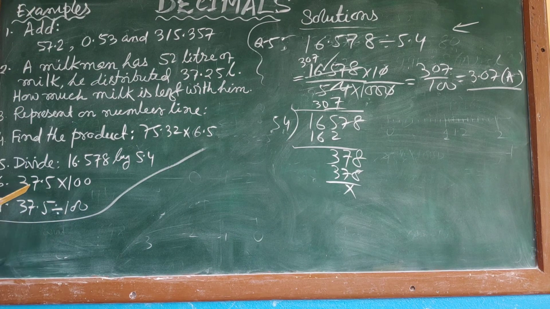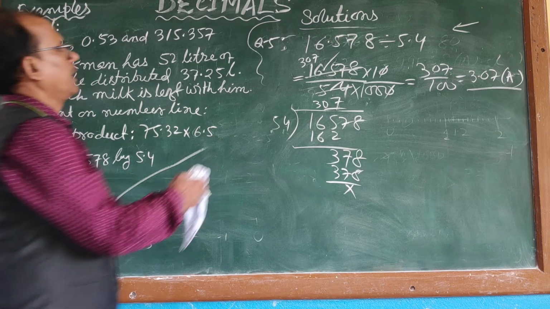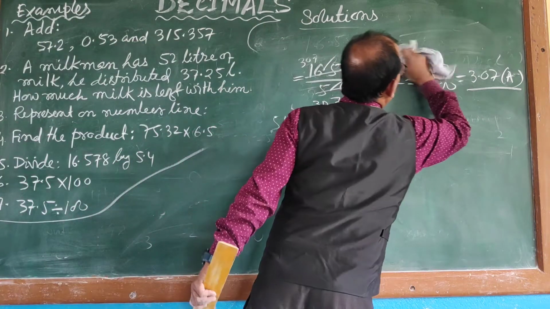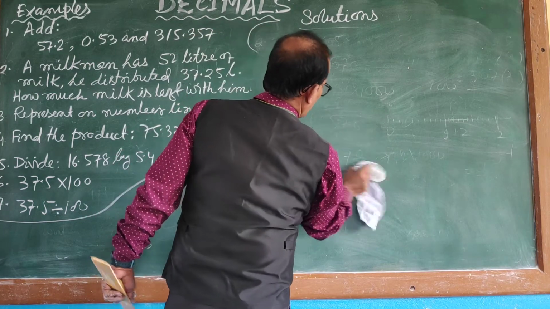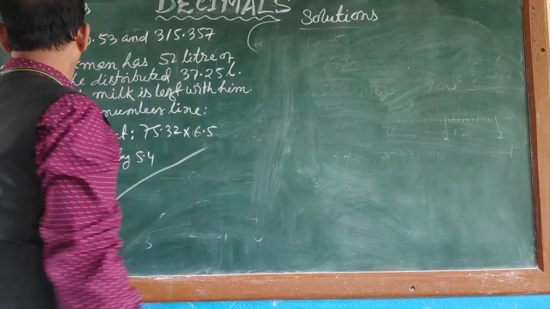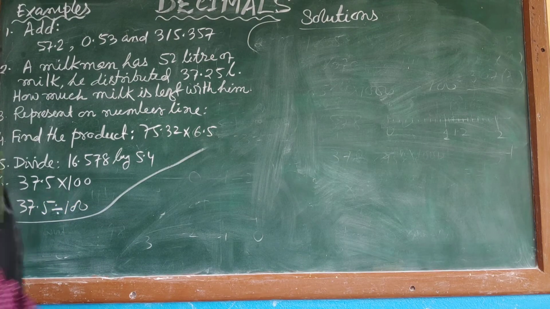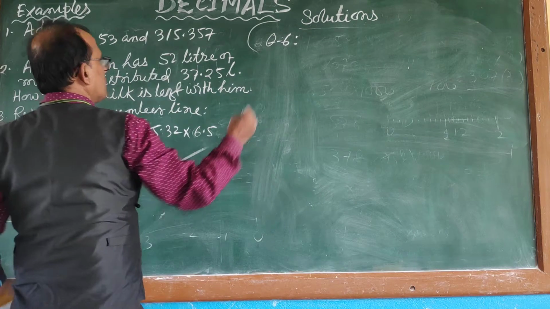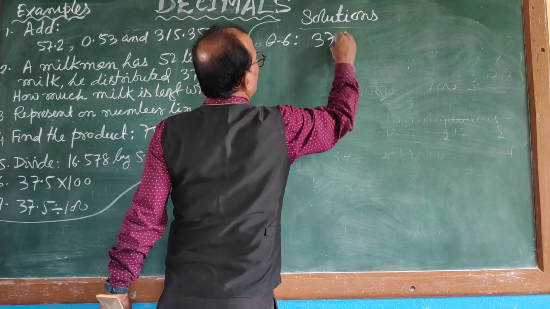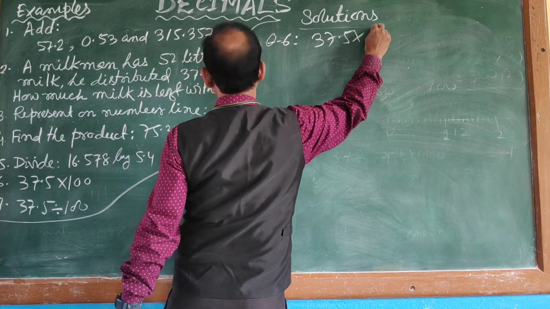I will teach you multiplication by power of 10 and division by power of 10 of any decimals. That is also a very simple aspect, but once you know it, finding the product and the question will be easier. So question number 6 will be what? 37.5 multiplied by 100.